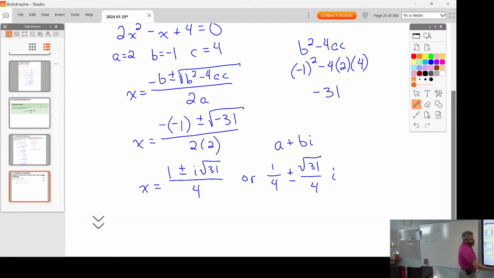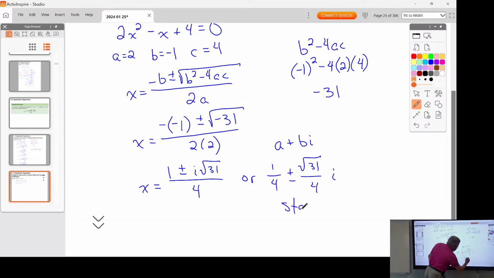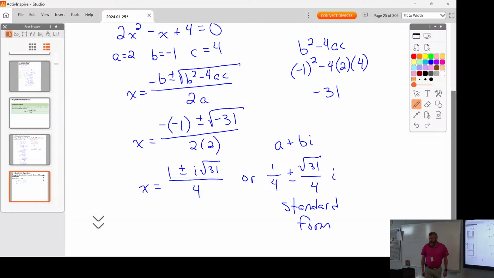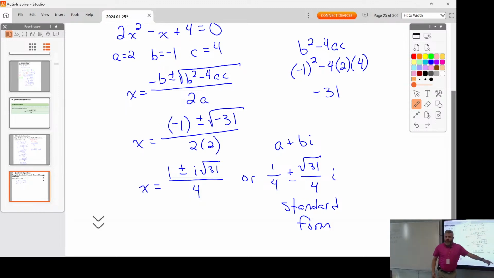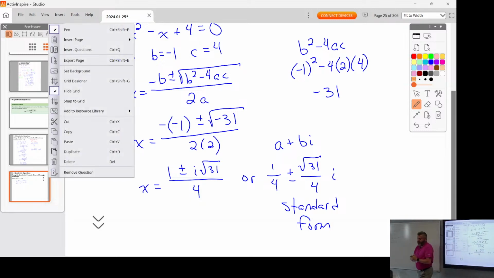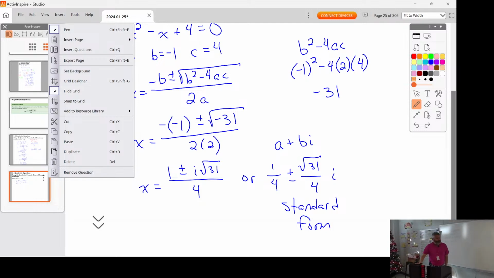So this is standard form. Huh? They're both complex numbers, but this is just writing it in standard form, where you have your a, your real part, separated from your b, your imaginary part. Any other questions on this guy?